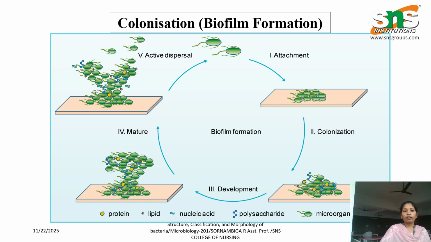It is colonization formation. Once a microorganism wants to attach to the human host, only then can it multiply and cause infection. So first they attach to the human host. After that, they multiply by binary fission or budding. Then they develop to the next stage, maturing from baby cells to adult cells.